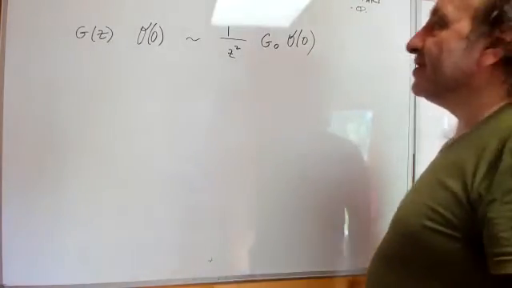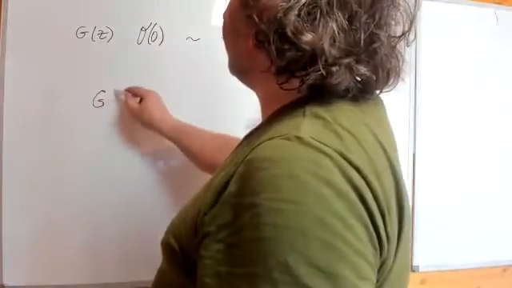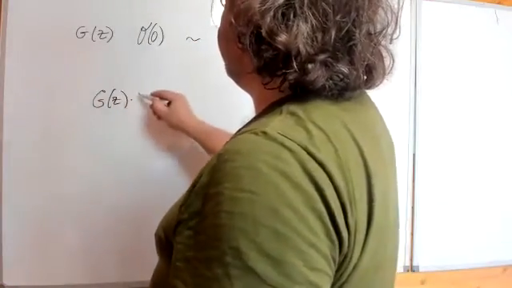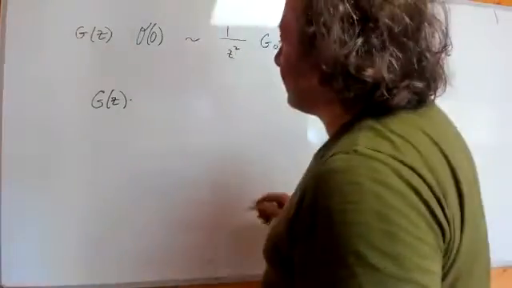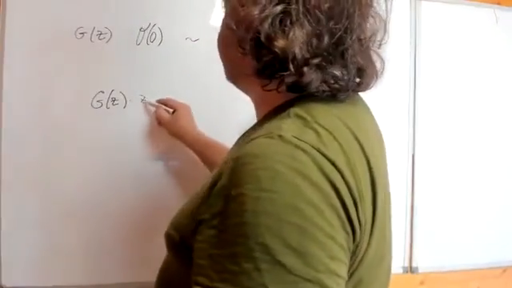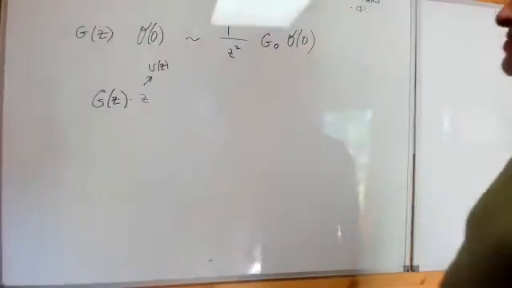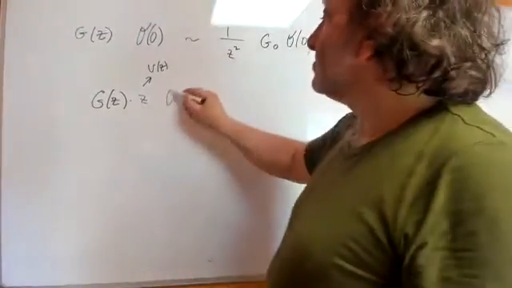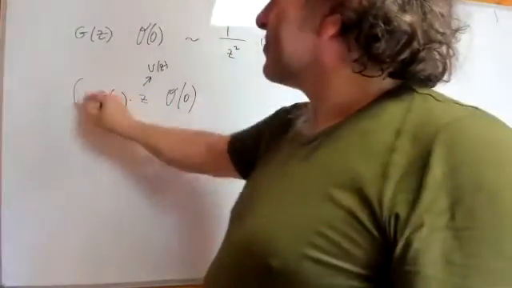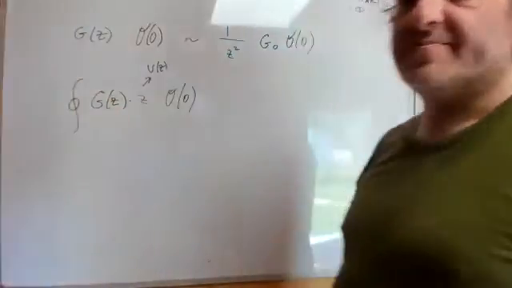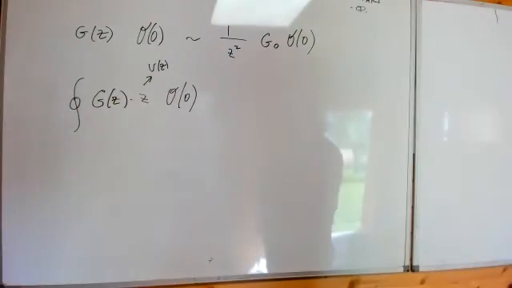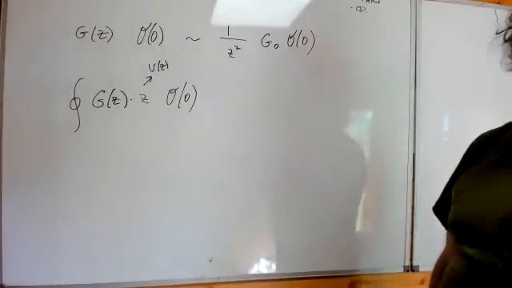It means that we do the following. We take this vector field here, V of z equals z, and integrate. So this is G naught.